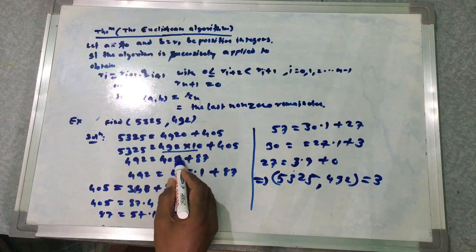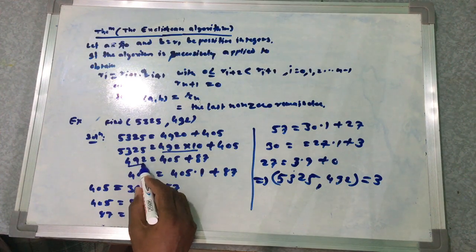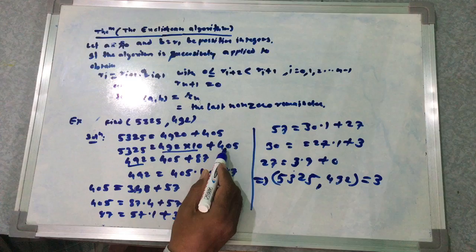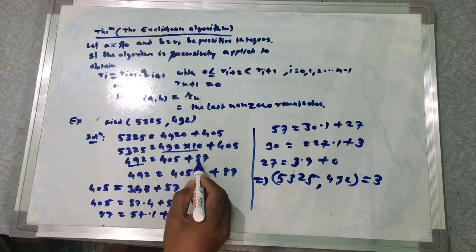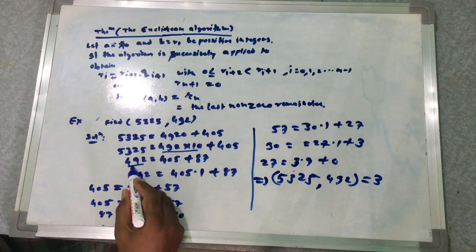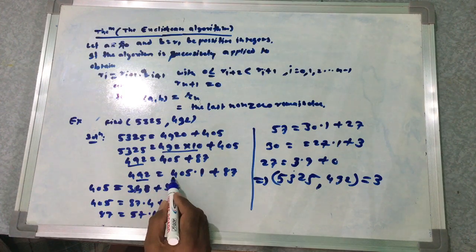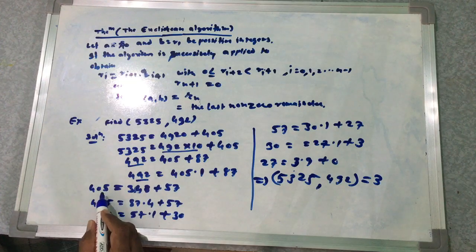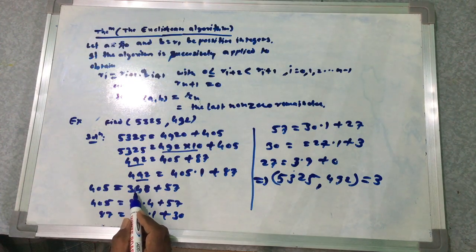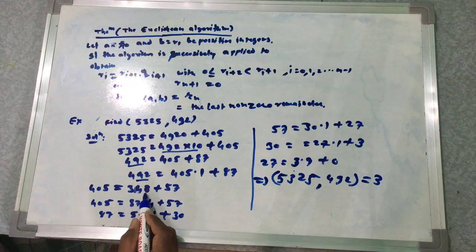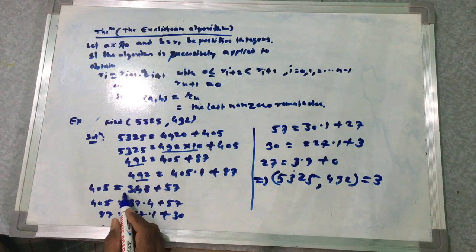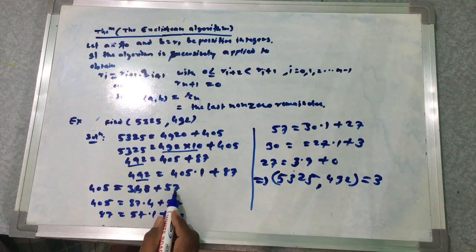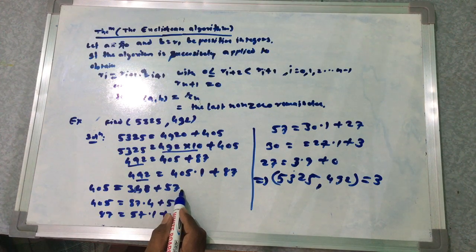Then 492 is 405 into 1 plus 87, and 405 is 87 into 4 plus 57.